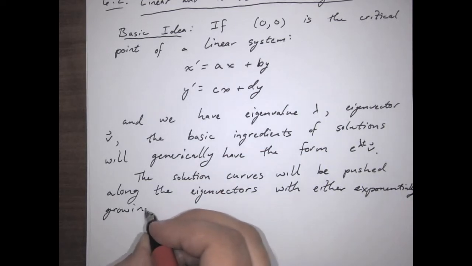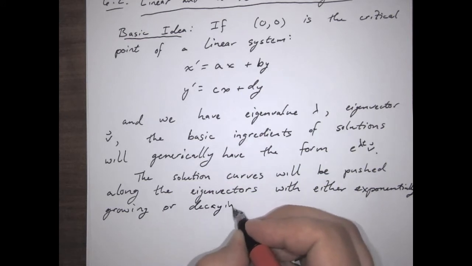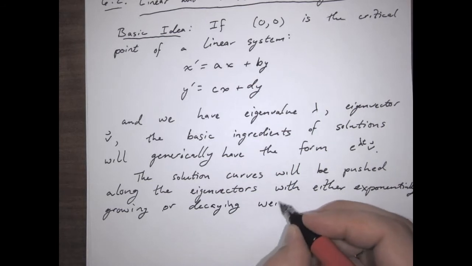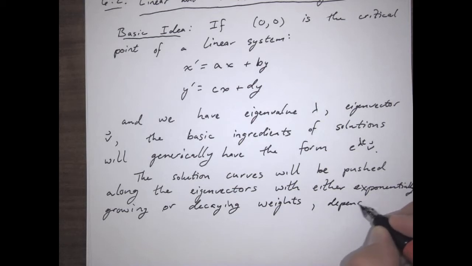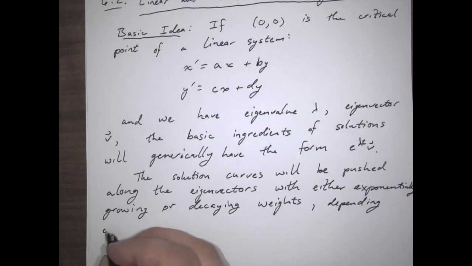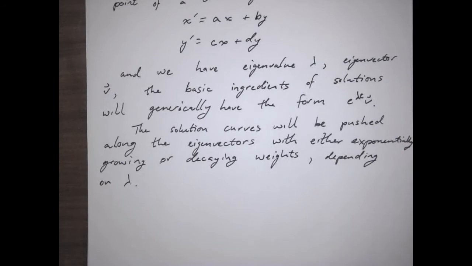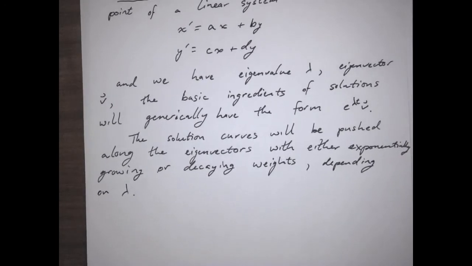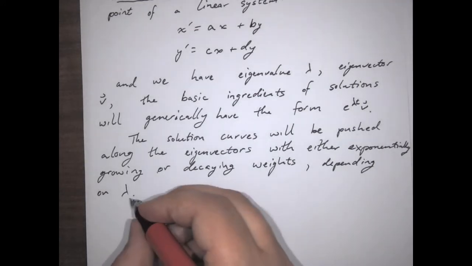Growing or decaying weights, depending on lambda. So in particular, the more lambda is positive, the more it's going to be pushing out along v. The more lambda is negative, the more it's going to be tending to collapse away from the vector v.